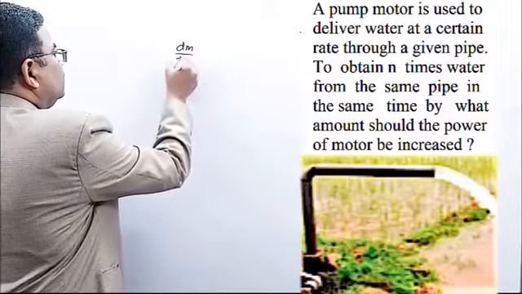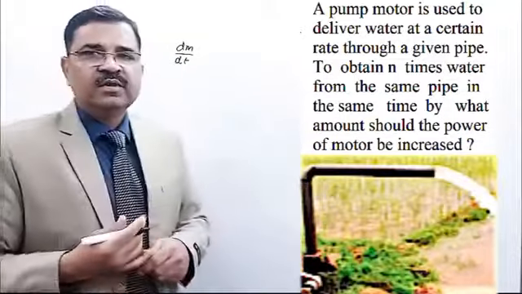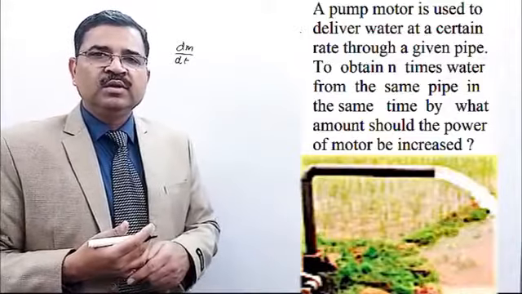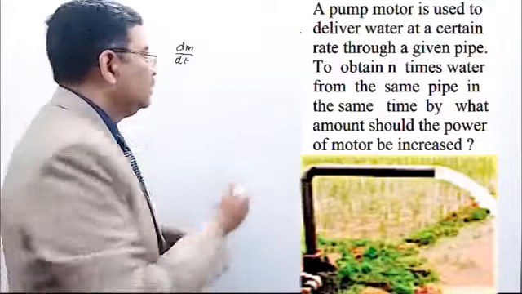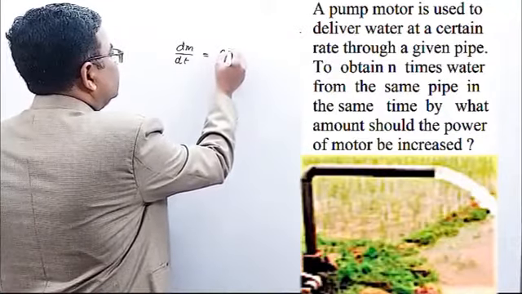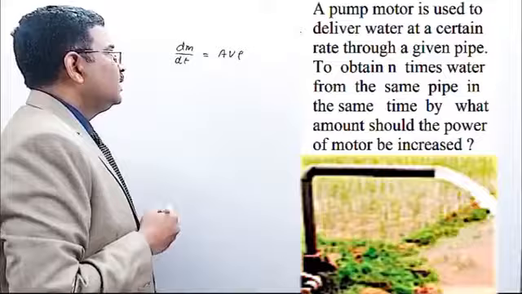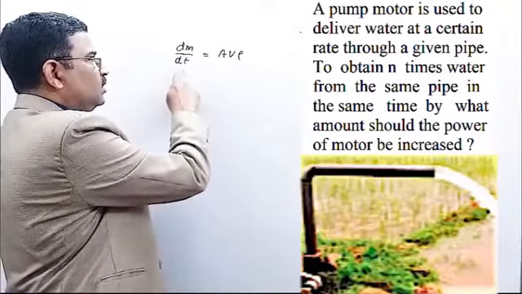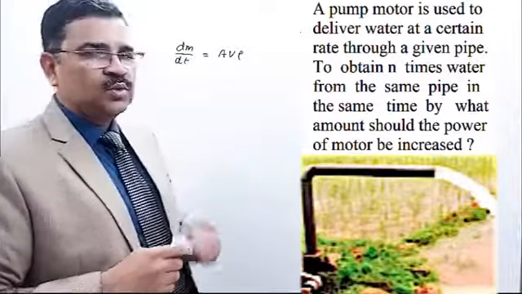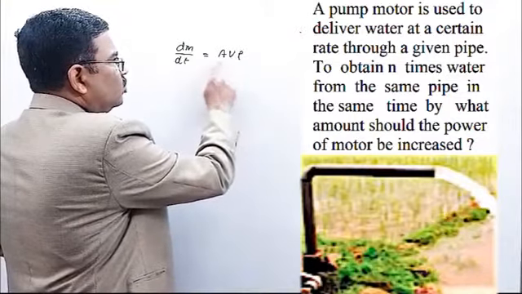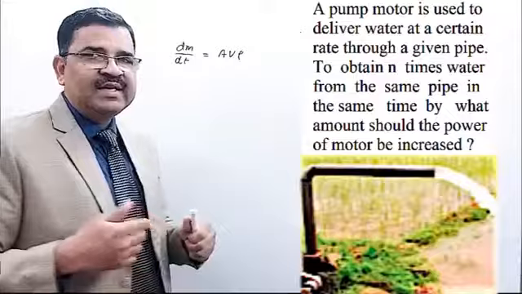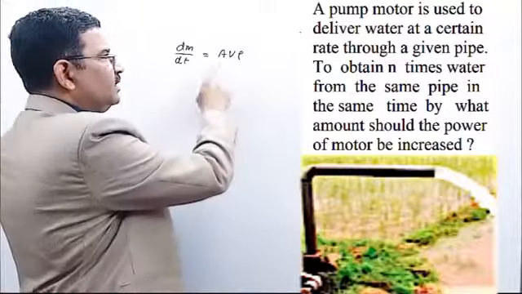dm by dt, that is the rate at which mass is flowing, or the mass supplied per second through a pipe, is given by A v rho. Now I want to increase this quantity n times as given in the question. So to increase this quantity n times, out of these three quantities, can I increase the area of the pipe?